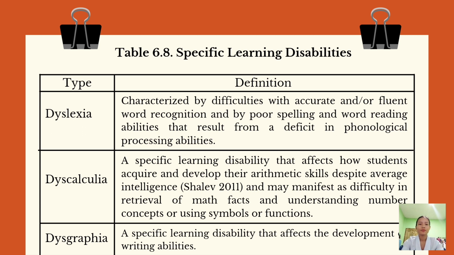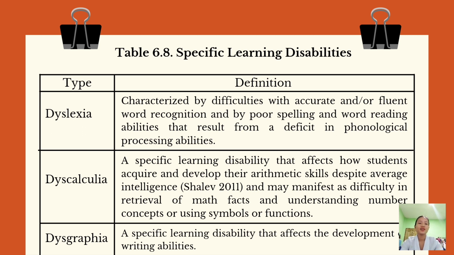And dyscalculia, a specific learning disability that affects how students acquire and develop their arithmetic skills despite average intelligence, according to Shaywitz 2011, and may manifest as difficulty in retrieval of math facts, in understanding number concepts, or using symbols or functions. So, a specific learning disability that affects the person's ability to understand numbers or learn math facts. That's dyscalculia.